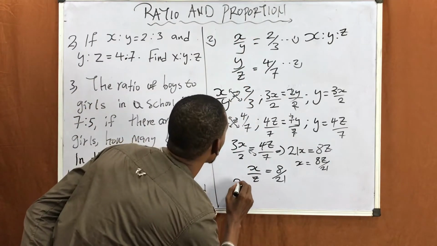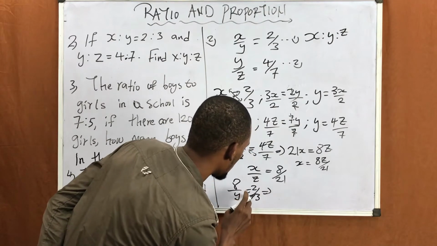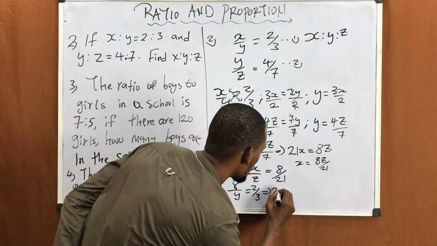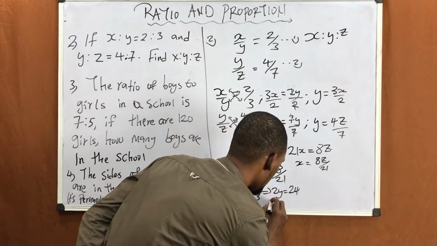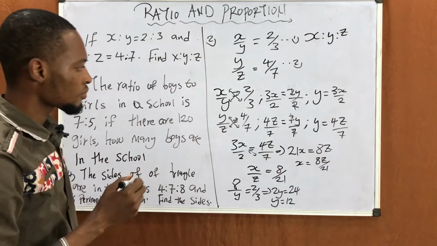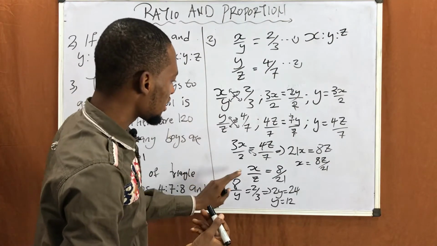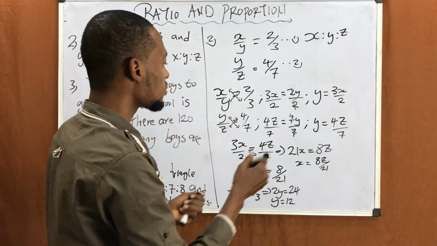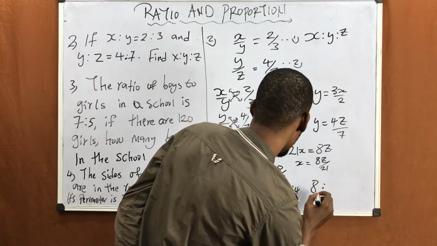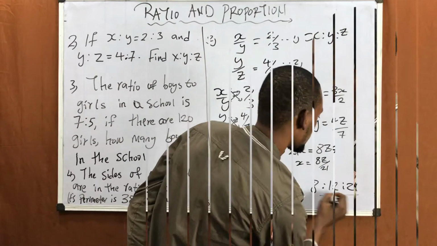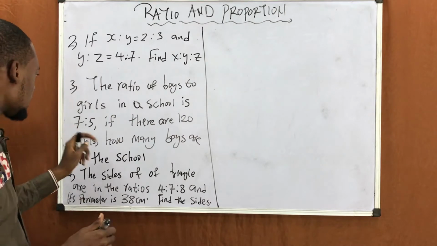We'll have 8 over Y equals 2 over 3. 2 times Y is 2Y, equals 8 times 3, which is 24. Therefore, Y equals 12. And Z is 21. So S:Y:Z equals 8:12:21.